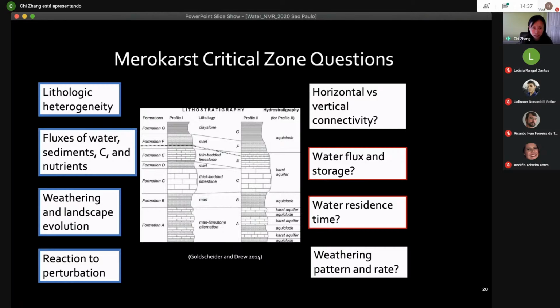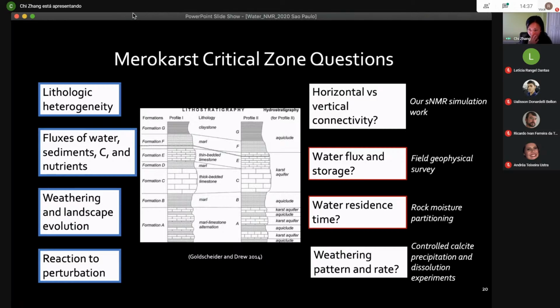Can we predict this? To summarize our current effort, we're trying to answer the first question by doing not only fieldwork, but also some surface NMR simulation. The second and third questions are the ones I'm going to talk about today, where we use the field study as well as the lab study to answer the large-scale water flux and storage, as well as the small-scale water residence time during the drying process.